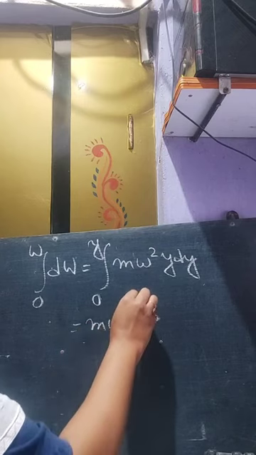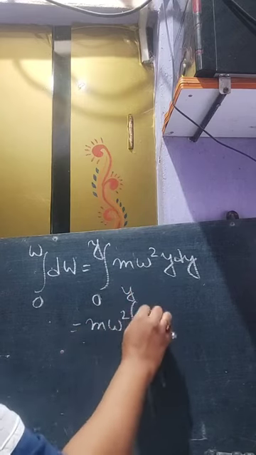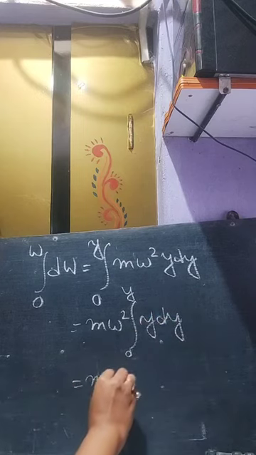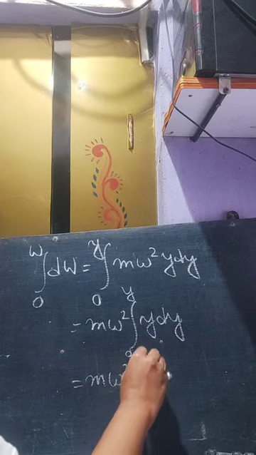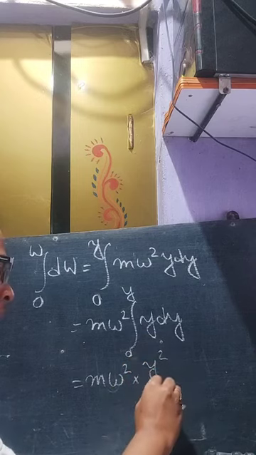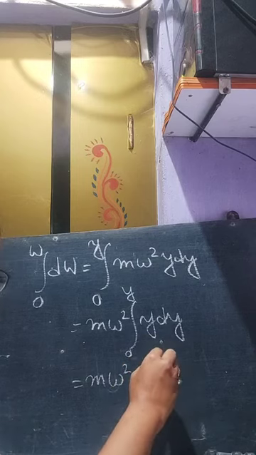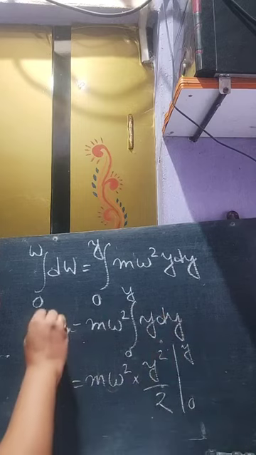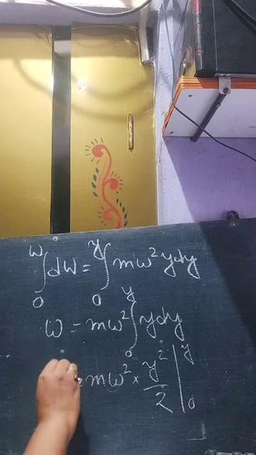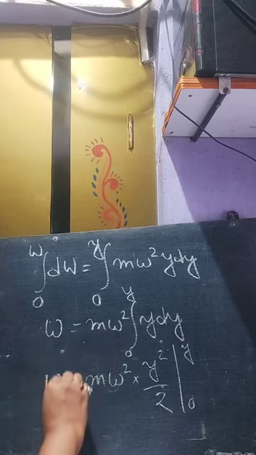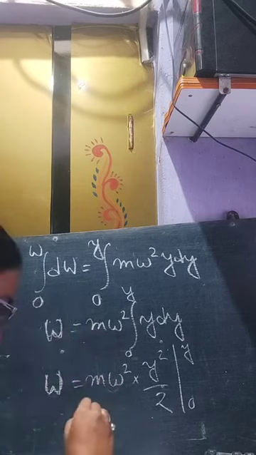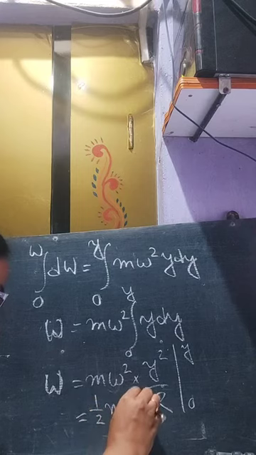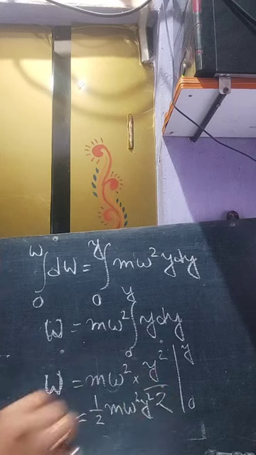M omega square is the constant, integral from 0 to y of y dy, and here it will be W, sorry, this is not omega, this is W. So, it becomes half m omega square y square.